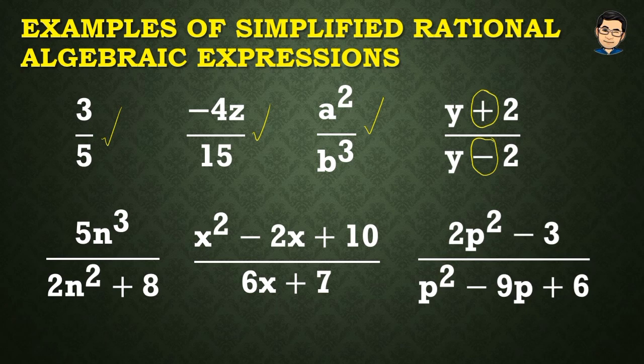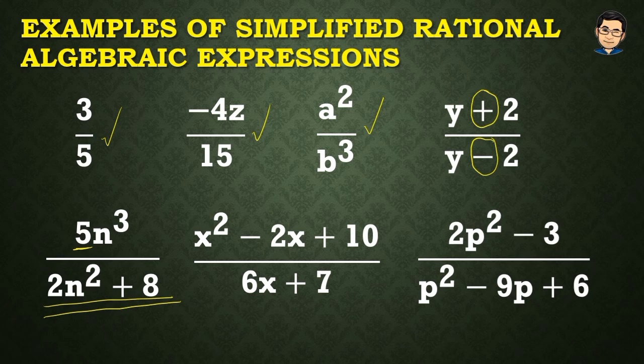And then 5n cubed all over 2n squared plus 8. Although 2n squared plus 8, pwede natin siyang i-factor using greatest common monomial factor. Kahit i-factor po natin yan, wala naman pong makakancel dahil kung ang common factor ng 2n squared plus 8 is 2, yung numerator natin is 5, so wala pong ibang common factor ang 5 tsaka 2 kundi 1.